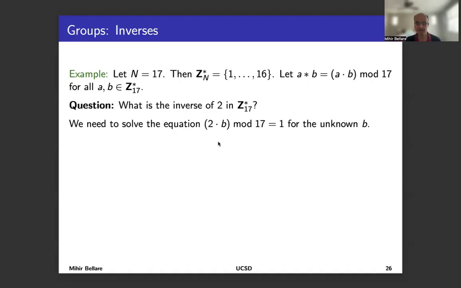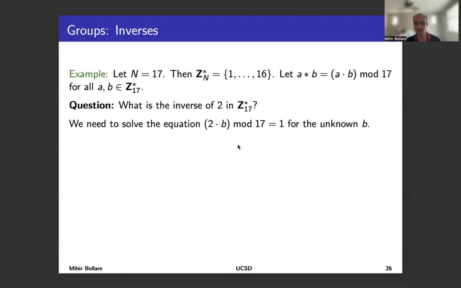We remember that by definition, the inverse is the value B in this set, such that when you multiply it by 2 and take the result mod 17, you should get back a 1. Well, it's not hard to find this, given that we know the candidates are only in here.